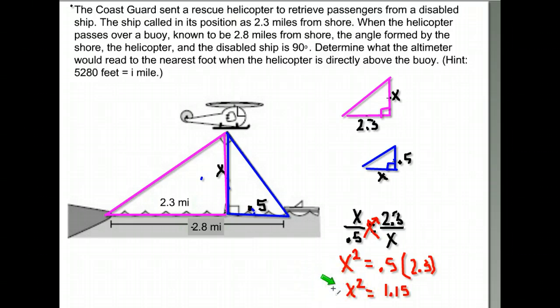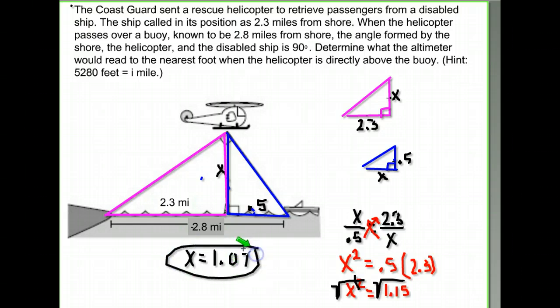What we do, the opposite of squaring, is to do the square root. So we would take the square root of both sides, and that would get rid of our x squared. So our answer is going to be whatever the square root of 1.15 is. And I get 1.07. It goes on from there.